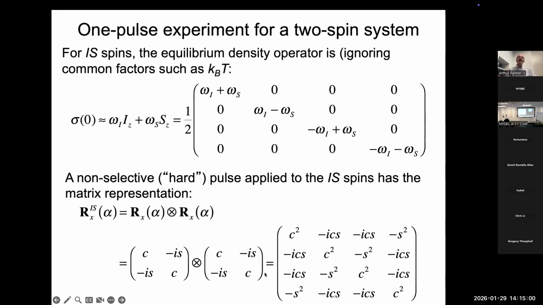If I had a selective pulse that only acted on the I spin, then the second operator would be the identity operator. Nothing happens. Or if I was selective for the S spin, this first rotation would just be an E. Nothing happens to the I spin. Alpha here is the rotation angle, not the alpha spin state. This is 90 degrees, for example.